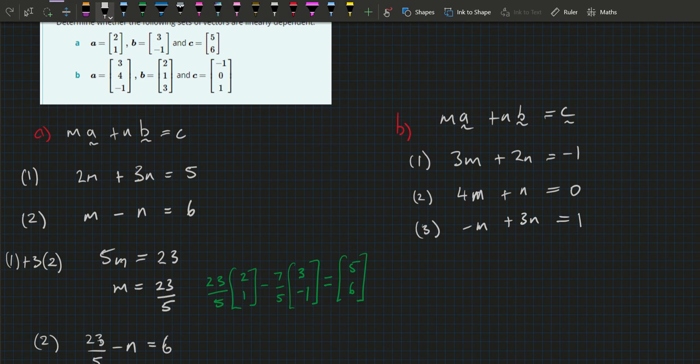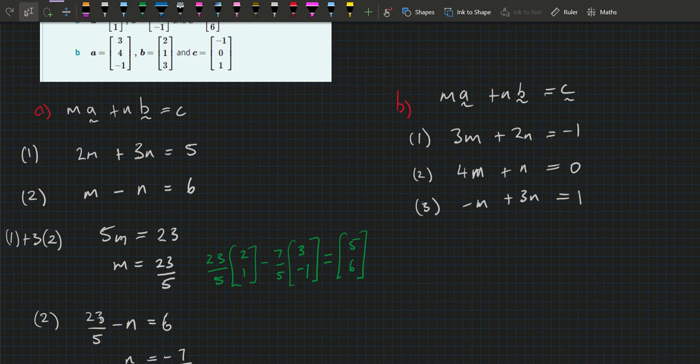Okay, and so if we do the simultaneous equations with the first 2, which one should I take away? That will be bigger. Okay, so if I do 2 times 2 minus equation 1, so now we've got 8m and 2n equals 0. So 8 take away 3 is 5m. The n's disappear.